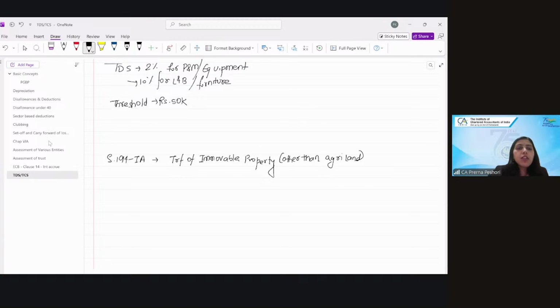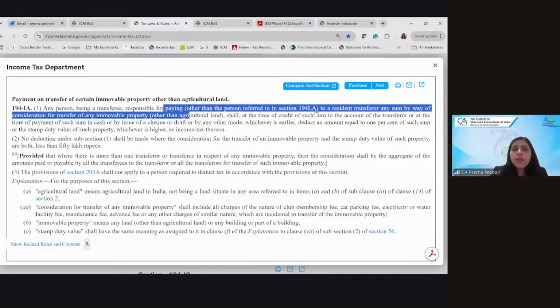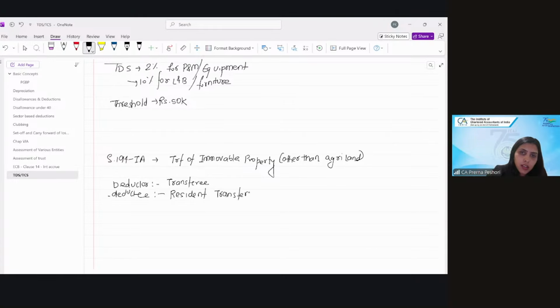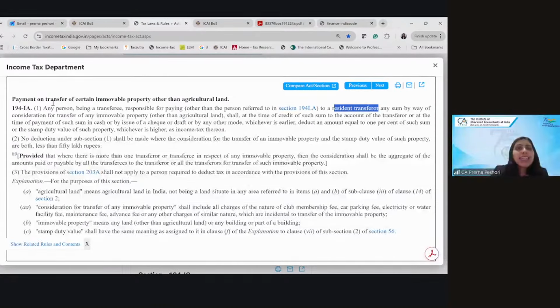So any person being a transferee, so my deductor is the transferee, responsible for paying, other than a person referred to in 194LA, to a resident transferor. So deductee here is a resident transferor.